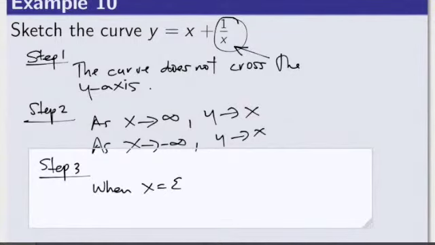Then y is a small positive number plus 1 on a small positive number, and this 1 on epsilon is a big number because epsilon is small. So y approaches positive infinity when x is slightly positive.